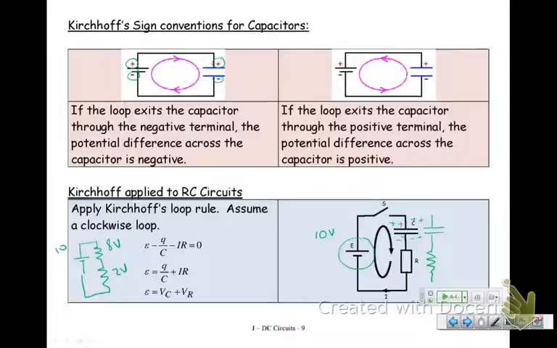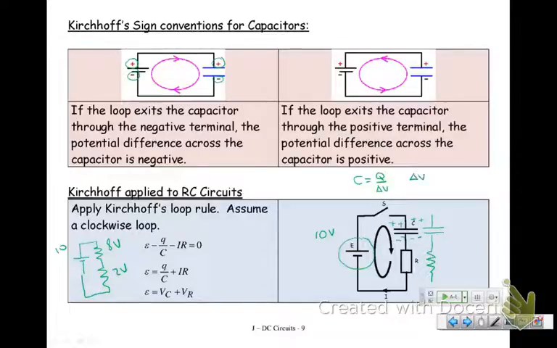So at the first instant, when you close the switch, is there any charge on the capacitor? The switch is closed. Now, any charge on that capacitor? No. If there's no charge on the capacitor, remember what we say? The capacitance equals Q over delta V. How much charge you have for a given potential difference.